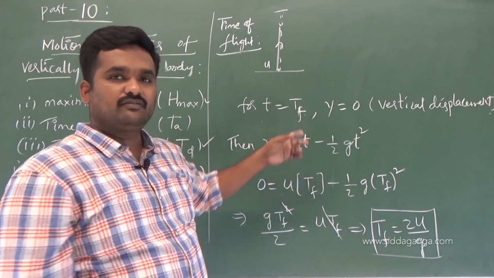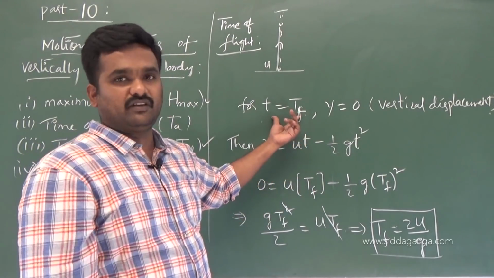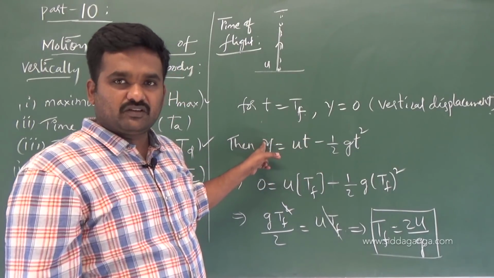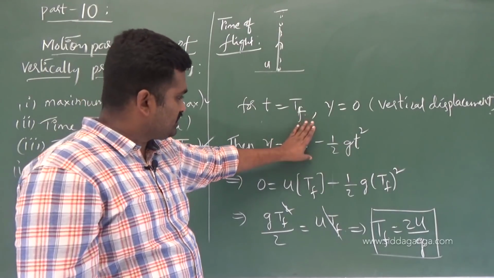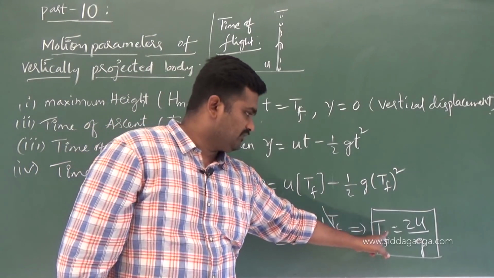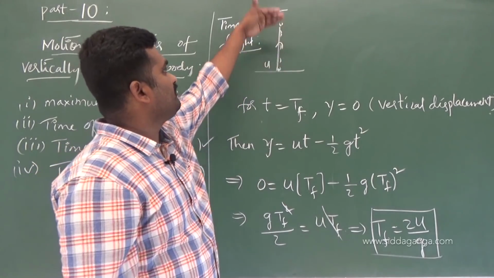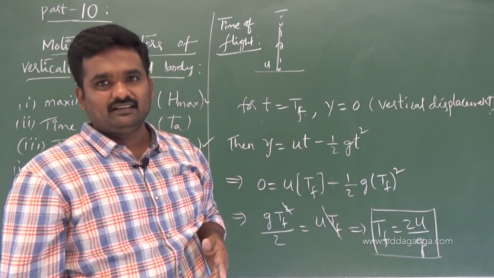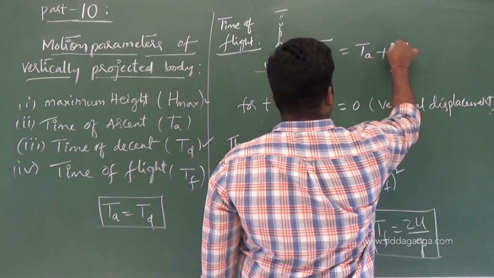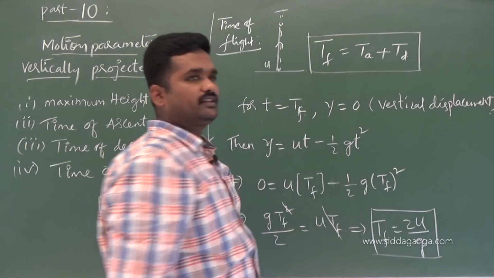If you write the expression for vertical displacement from the kinematic equations for a vertically projected body and substitute this condition, finally you will end up with time of flight equal to 2u by g, or generally time of ascent plus time of descent. Time of flight is time of ascent plus time of descent. This is the relation among them.